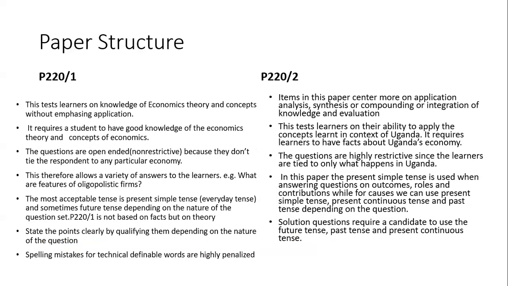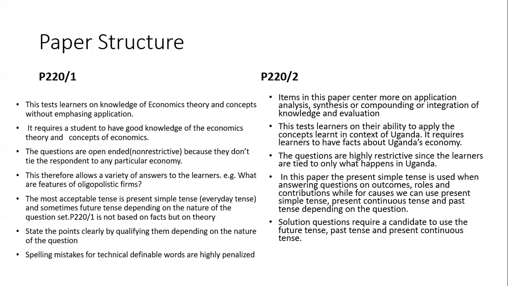Then I want us to draw a difference between the two papers, because usually it is a challenge to the majority of the learners, and somehow it becomes an issue when it comes to attempting questions. So paper one, like you are seeing me sharing the page, usually looks at testing knowledge of economics and concepts, which we said comes without application.